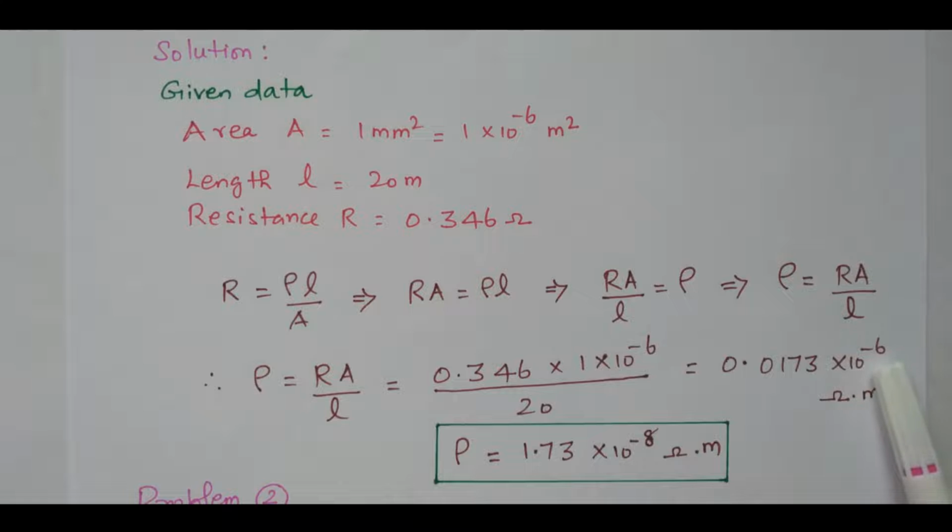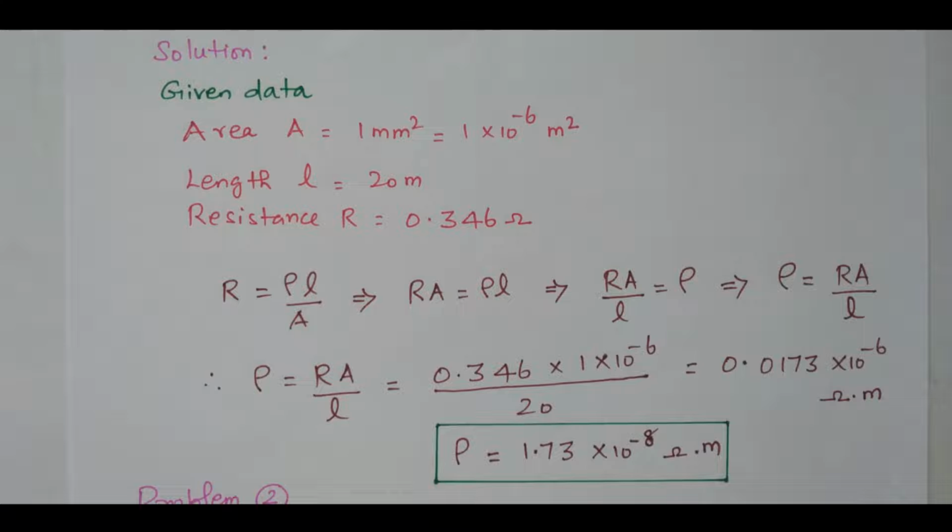We move the decimal two places, so that we get 1.73 into 10 to the power minus 8 ohm meter. The 10 to the power minus 6 becomes minus 8; when the value increases, the power decreases accordingly. So 1.73 into 10 to the power minus 8 ohm meter.